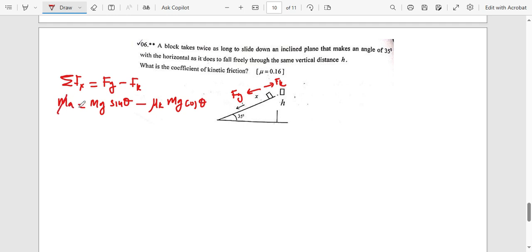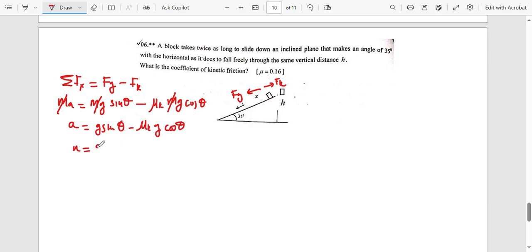You can see mass will simply cancel out. So what we're dealing with here, that's why for the question they've not even given the mass, because our operation doesn't need the mass. So we see that acceleration is going to be g sin theta minus mu k g cos theta. Let's substitute what we have.